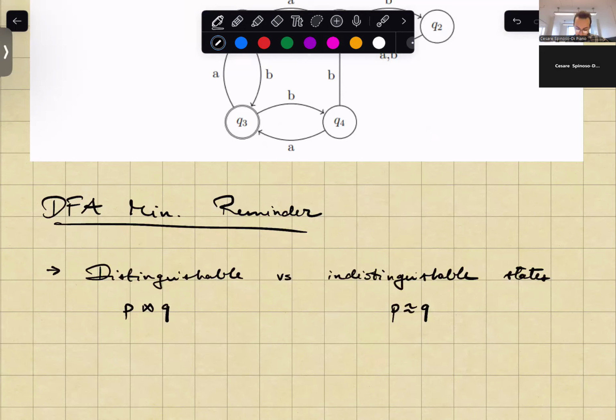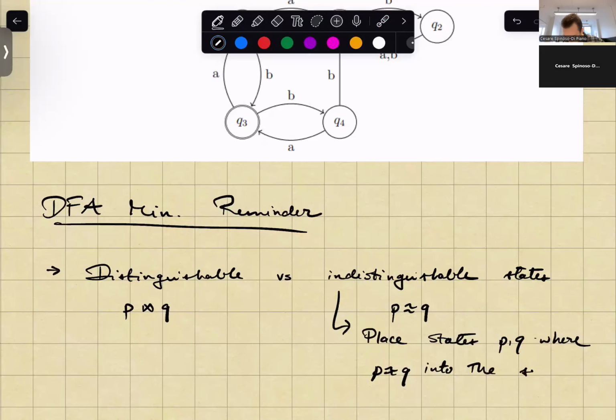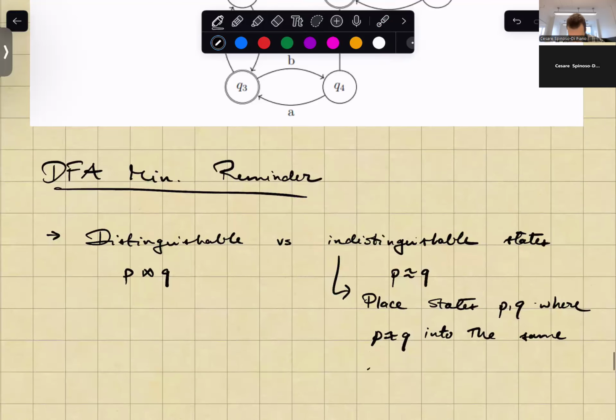And the idea is that the minimization algorithm should find all pairs of indistinguishable states, and it should place states P and Q, where P is indistinguishable from Q, into the same set of states.